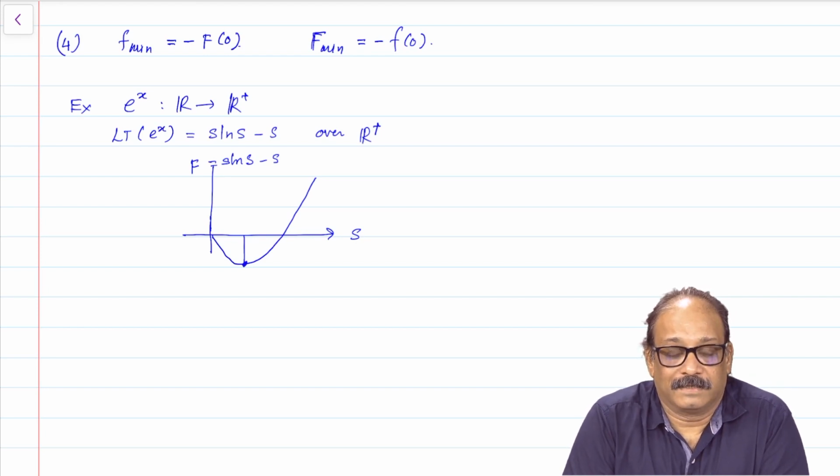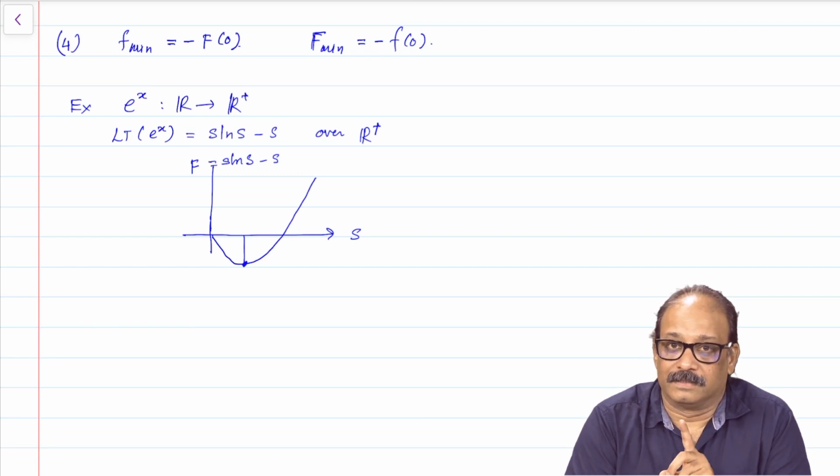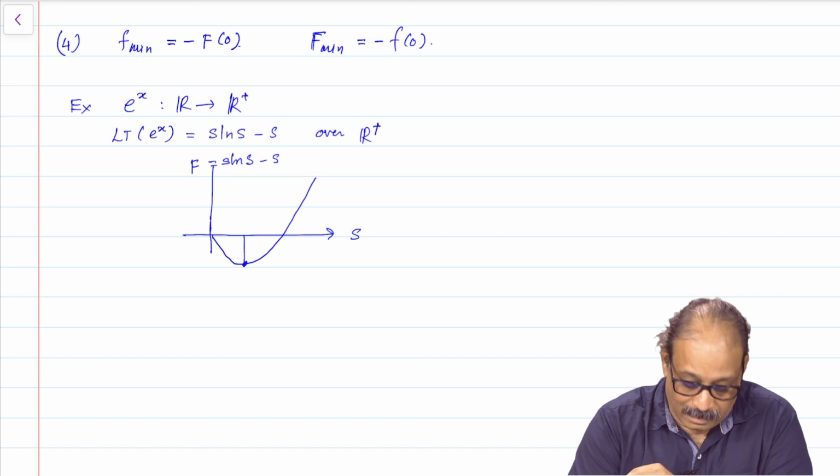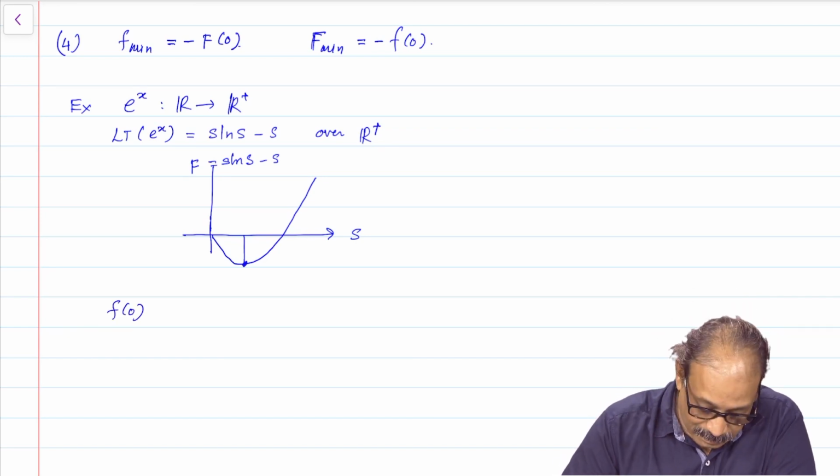What is the value of that minimum? Because the exponential function is defined over the entire R, f of 0 is defined, which is e to the power 0, that is equal to plus 1.